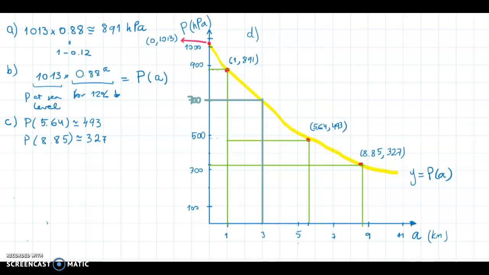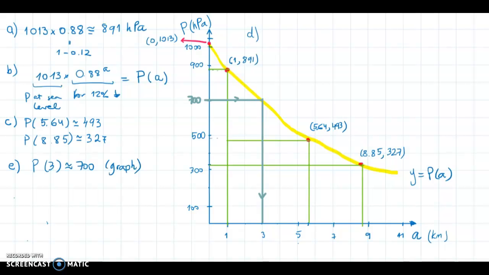So I'm reading here that when the pressure is 700, according to the graph, A is around 3. So this is part E. I'm saying that P of 3 is approximately 700 from the graph.